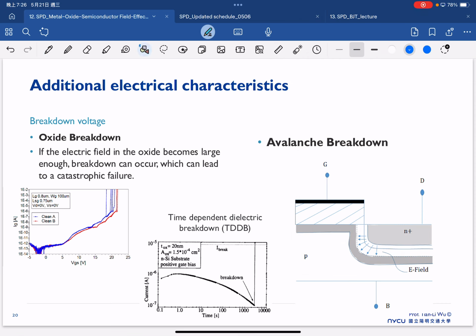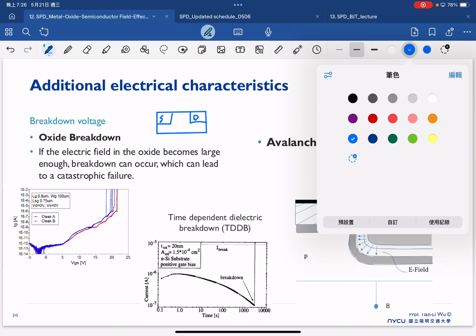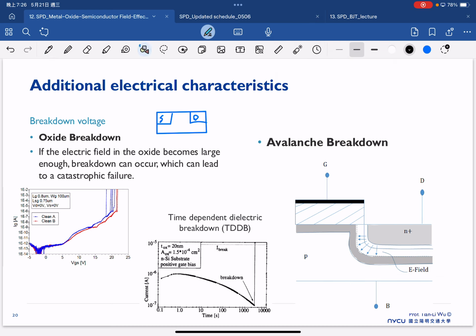So back to the MOSFET schematic. We have a source, we have a drain, we have the dielectric, we have the metal.